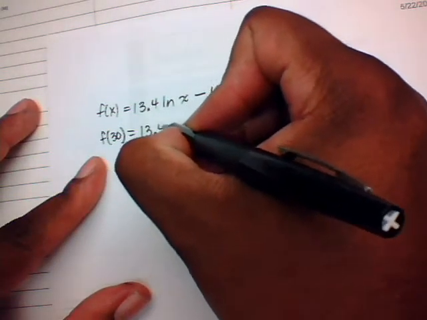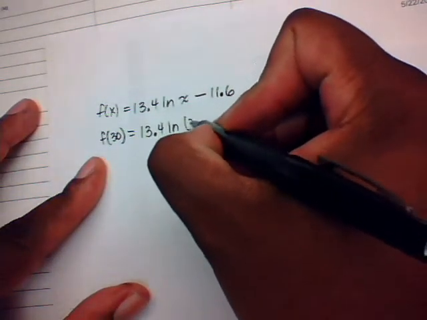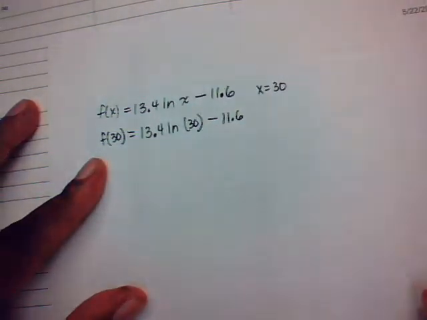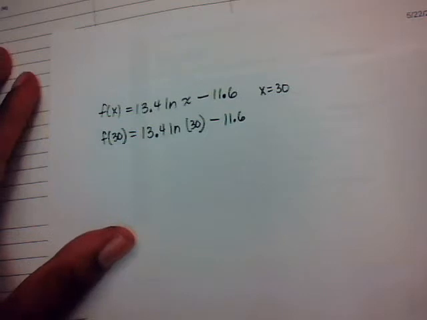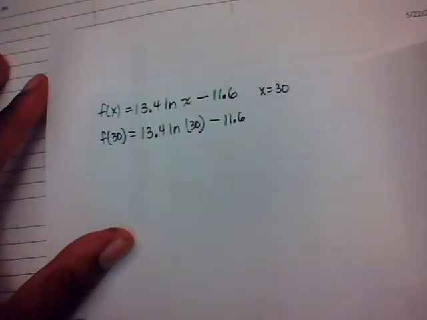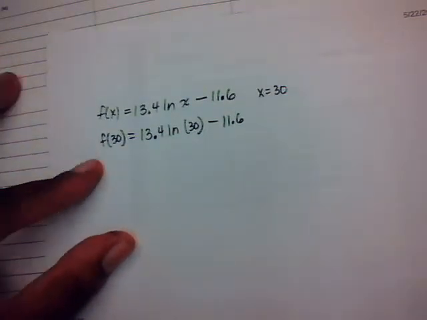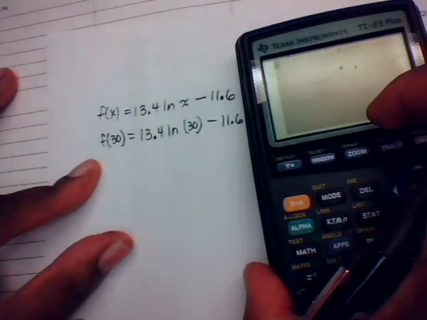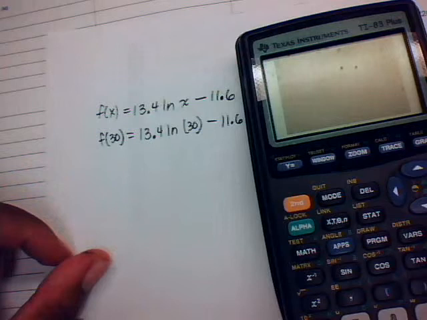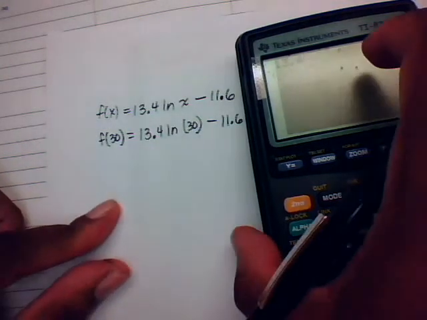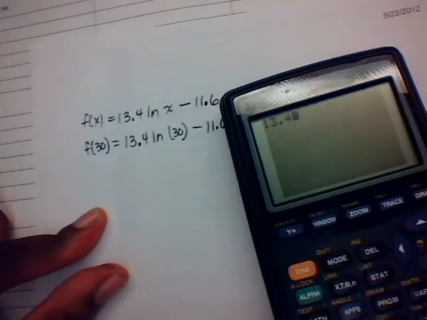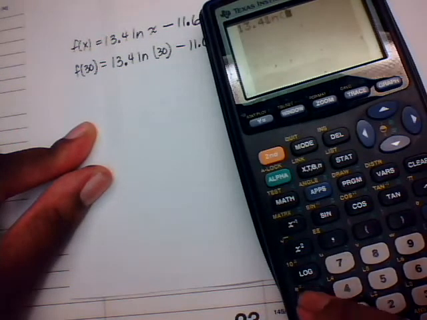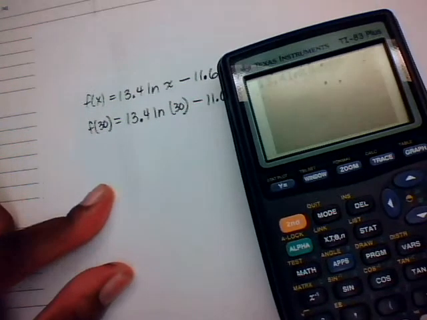So it'll be 13.4 ln of 30, and then minus 11.6. Now notice I put the 30 in the parentheses because I'm only going to be taking the ln of 30. Okay, so on the calculator, you're going to type in 13.4 and then press the LN button, which is right here, LN, and then 30.